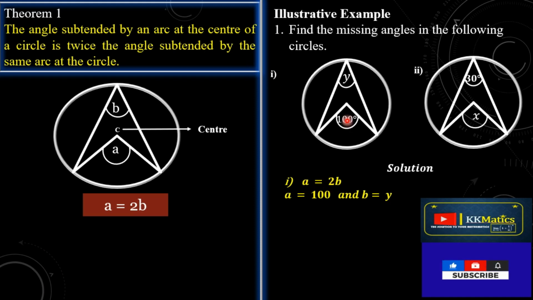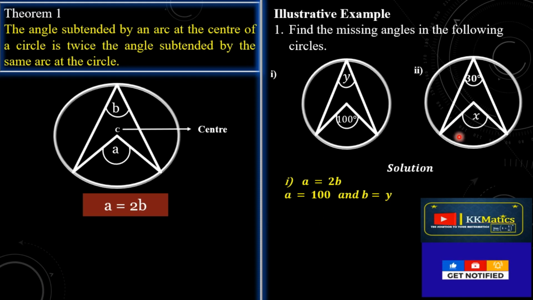In comparing that to what we have here, our A is 100 and our B is Y. So we can say 100 equals 2Y. In finding Y, we divide both sides by 2, and we have Y equal to 50 degrees.